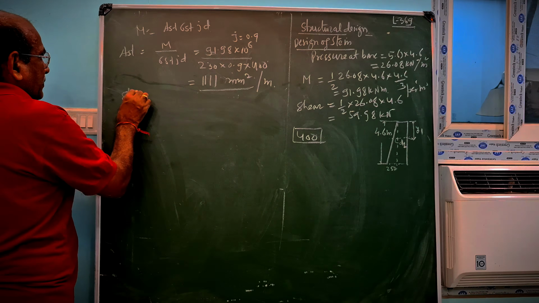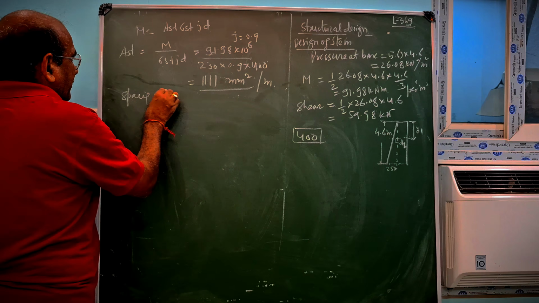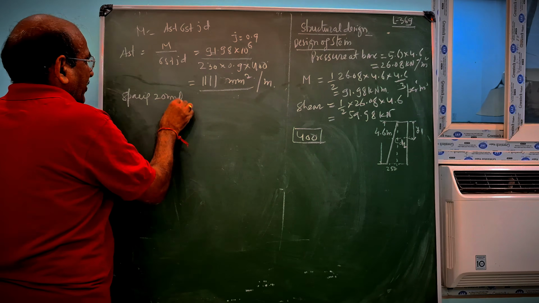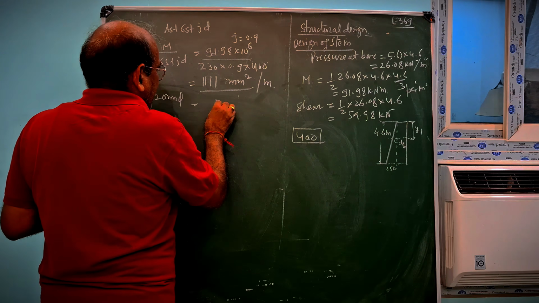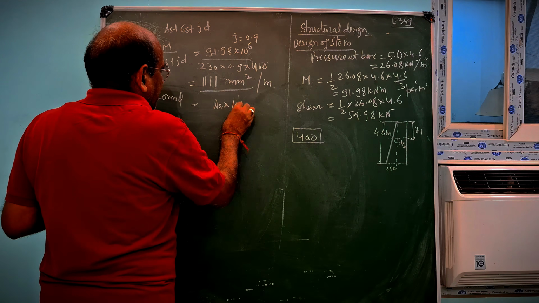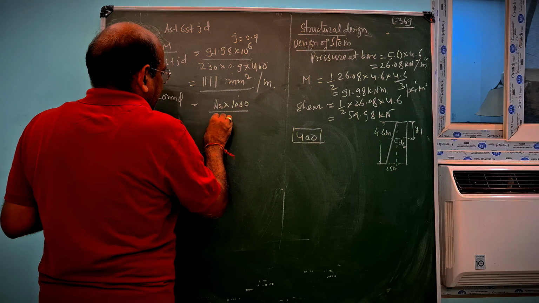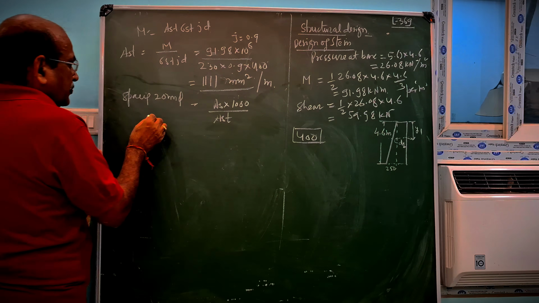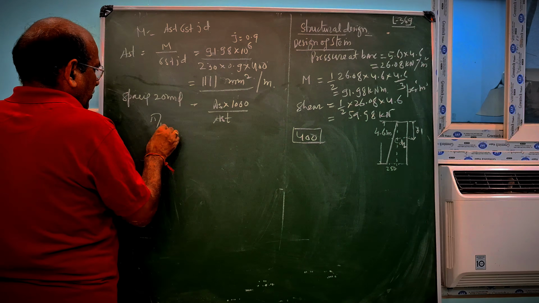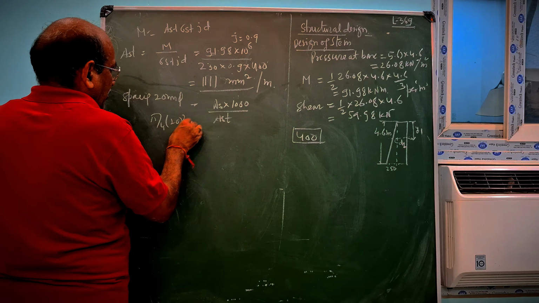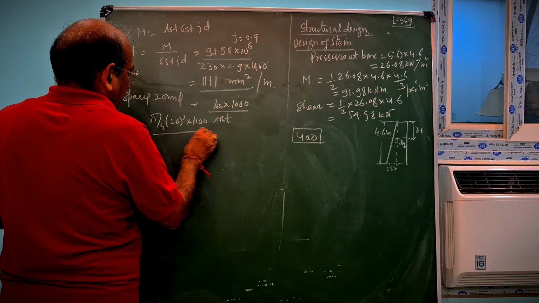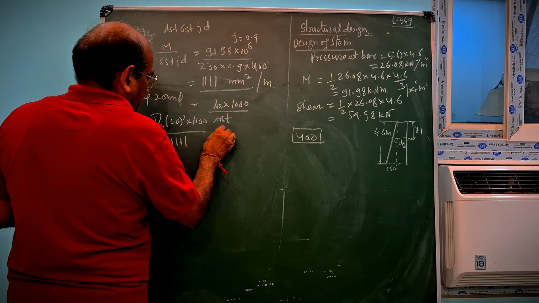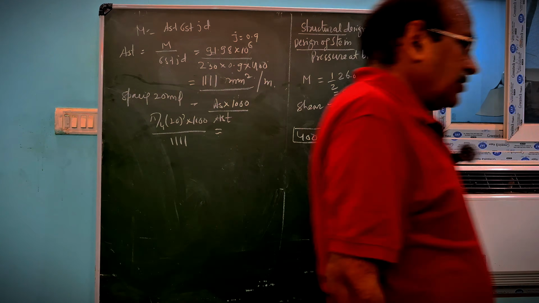If you take 20 mm bars, the spacing will be As into 1000 divided by Ast. So pi by 4 into 20 square into 1000 divided by 1111. How much is this giving?